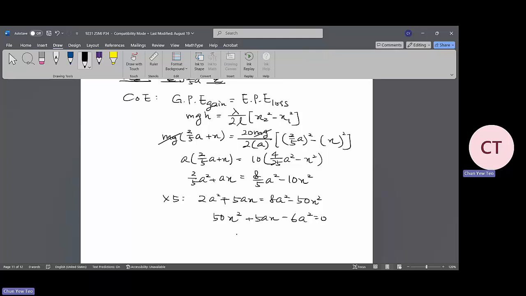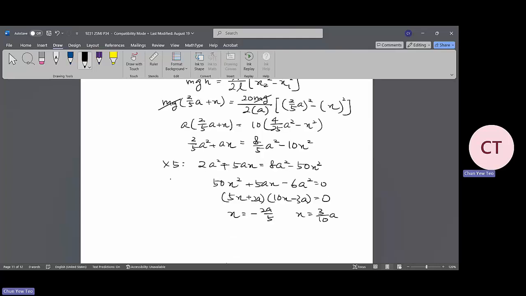So we try to factorize it. Then you can see that you have 2a and 3a. Therefore x is equal to negative 2a over 5, and x is equal to 3a over 5.